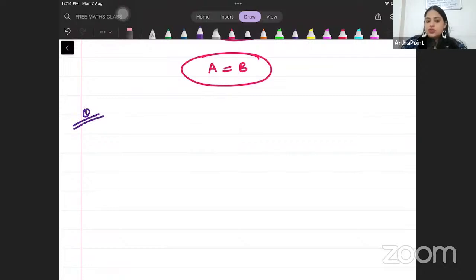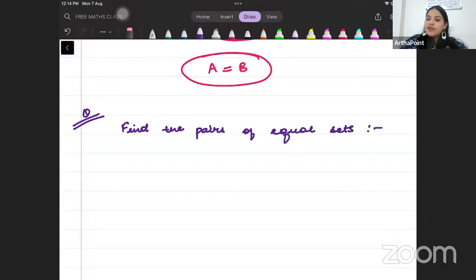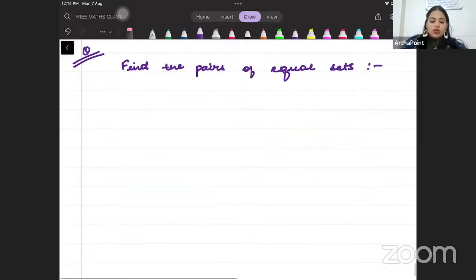Okay. Now beta, let us take some questions. So please write down. Find the pair of equal sets, if any. ठीक है? So please go ahead and take it. So the first one is A is 0.